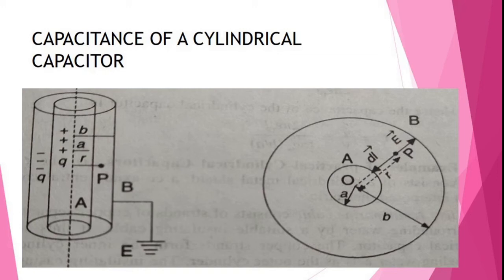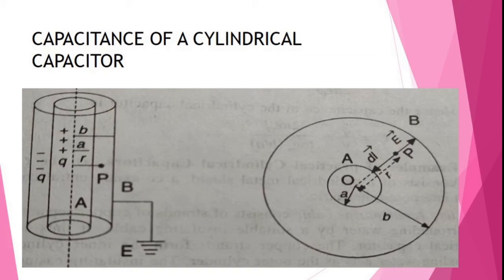I repeat, we are giving a charge plus Q to the inner cylinder. That means an equal but opposite amount, minus Q, will be induced on the inner surface of the outer cylinder and plus Q on the outer surface of the outer cylinder.